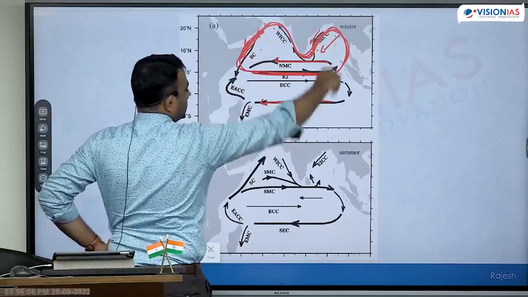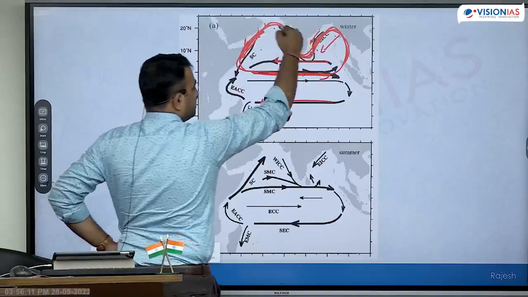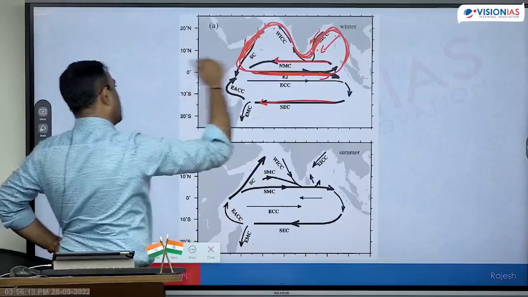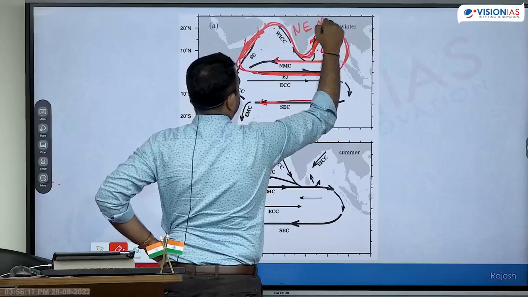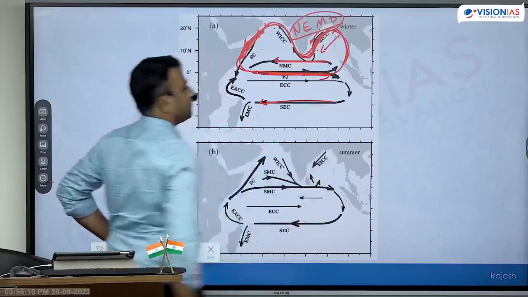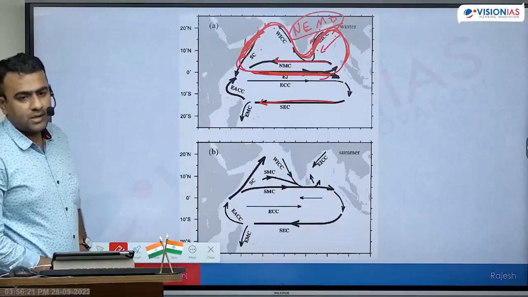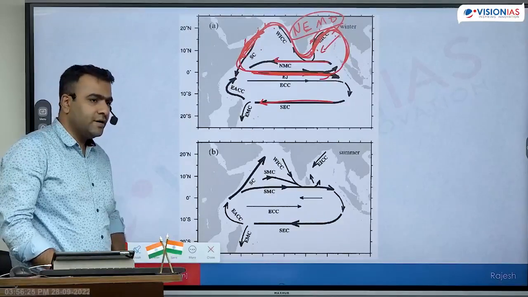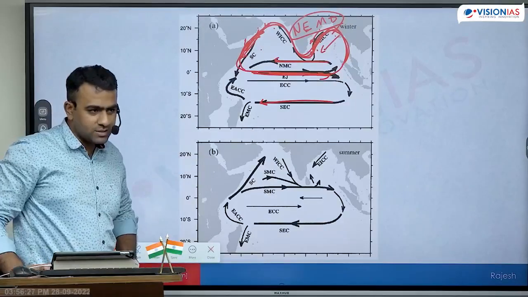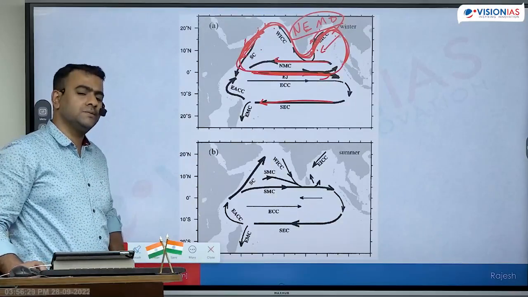In counterclockwise direction. These ocean currents are called the northeast monsoon drift, driven by northeast monsoon winds.